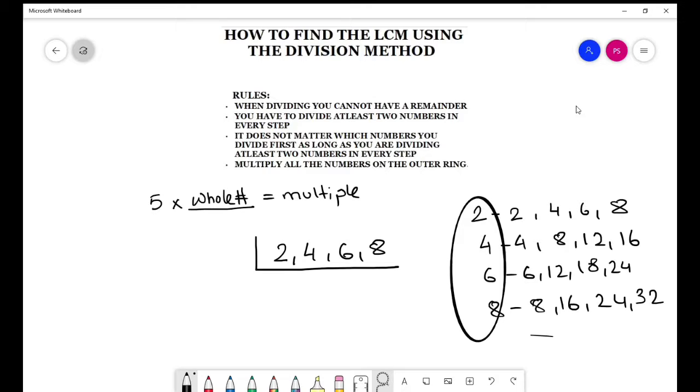Now, when I start the division, I can start with 2. I divide 2 by 2, I get 1. Divide 4 by 2, and this is what I get. Now, 2 happens to divide all four of them. Now I get to the next step, I see I have 1, 2, 3, and 4. Now the second rule, which is probably the most important rule, states you have to divide at least two numbers in every step.